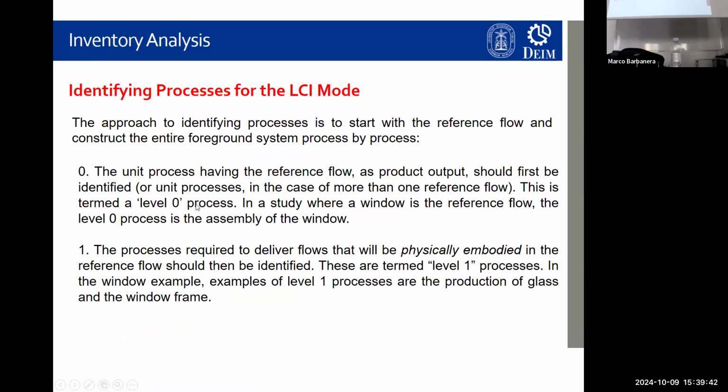As regards the level 1 processes, the processes required to deliver flows that will be physically embodied in the reference flow should then be identified. These are considered level 1 processes. In the window example, level 1 processes are the production of glass and the window frame.